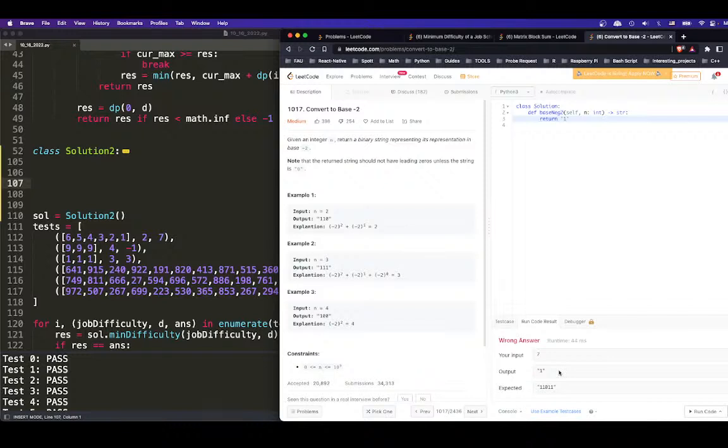How about multiply by 2? Doesn't make any sense.